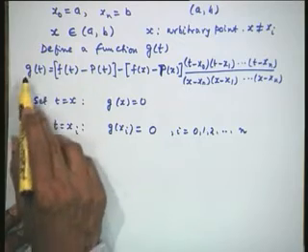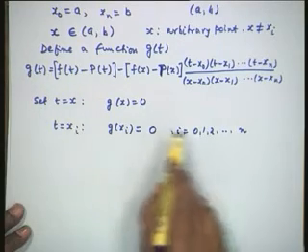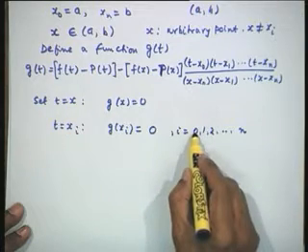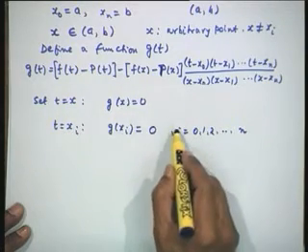Therefore, g(t) is a function of t which vanishes at n plus 1 plus 1, that is n plus 2 points.